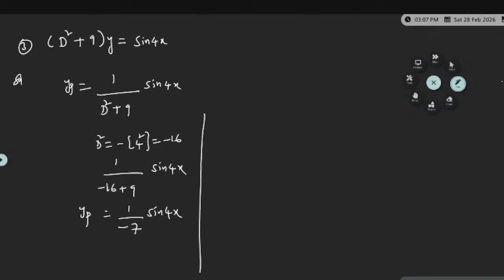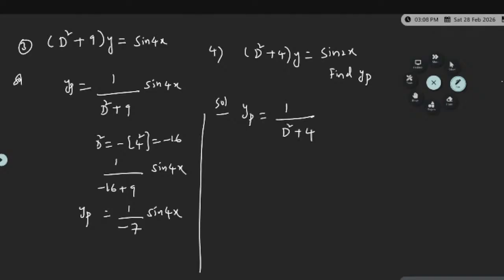D square equal to minus 16. So find yp. Yes, yourself.